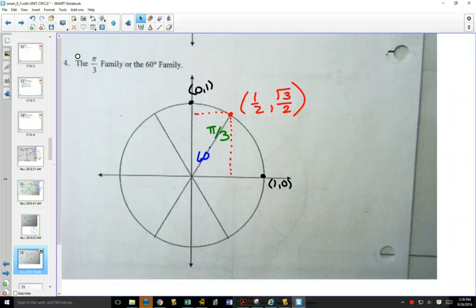So we've got our first angle in degrees. Label the other 3 in degrees, then label the other 3 in radians.